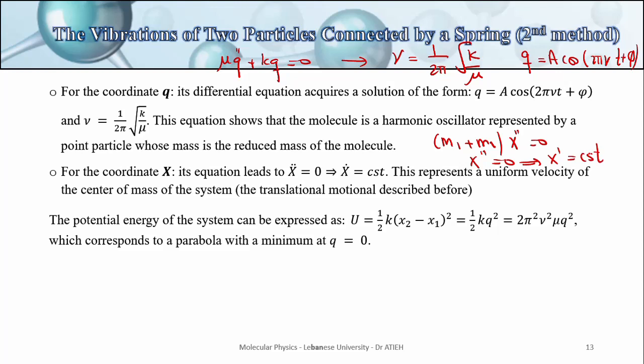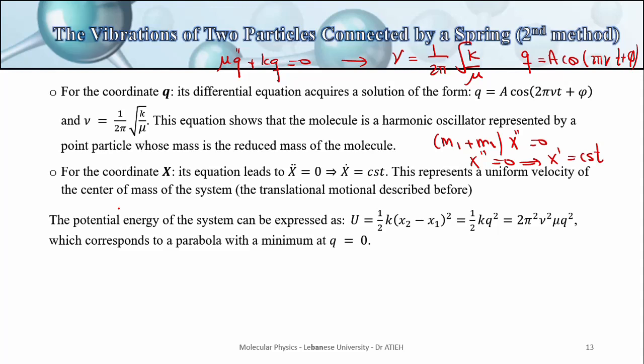This means that this differential equation shows that a possible solution is that the system of particles may be in a translational motion. So, two possible solutions. One of them is that our system is oscillating with a frequency nu equal 1 over 2 pi radical k over mu. k is the stiffness of the spring, mu is the reduced mass of the system, or our system is translating all together.